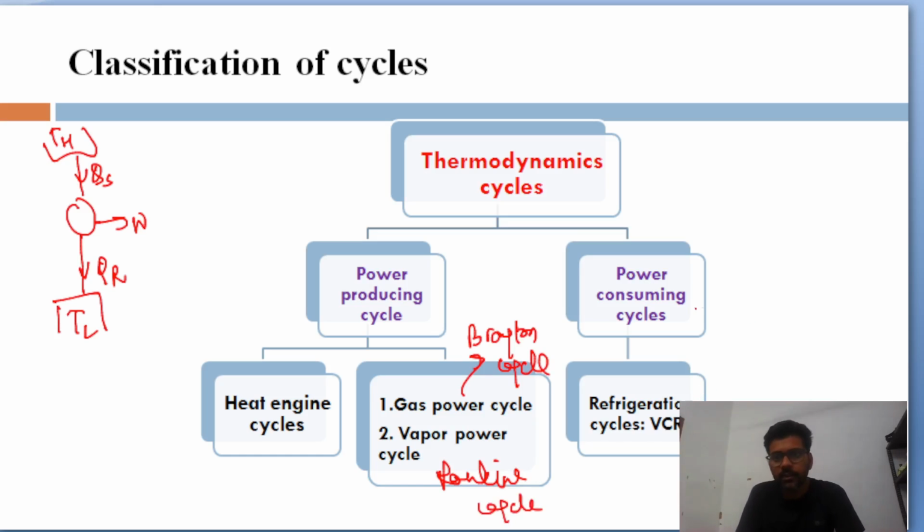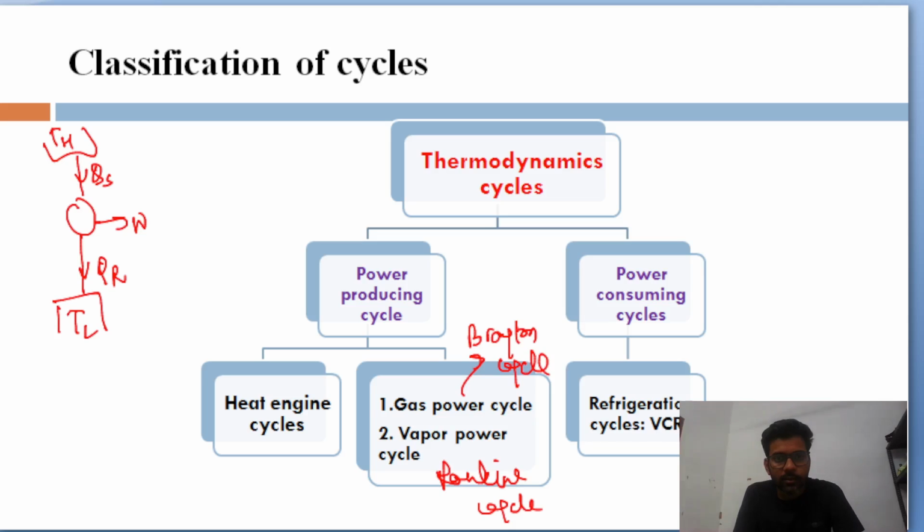And in refrigeration, which is power consuming, power is supplied to the device and heat is extracted from the cooling medium. So the vapor compression refrigeration cycle is a simple example of a power consuming cycle.